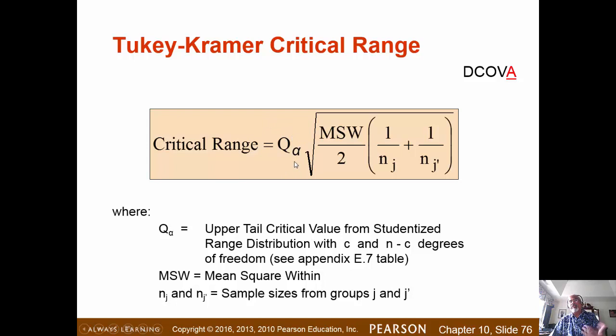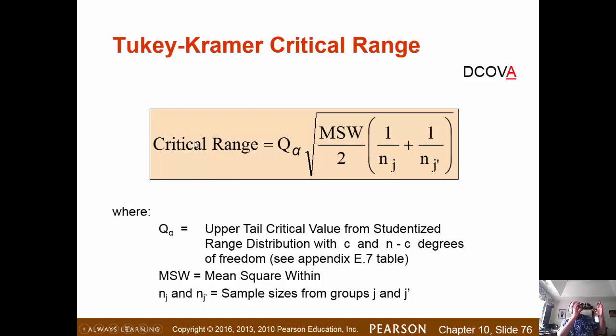We have to use the table given in the back of the textbook for this. And then the mean square within, or the MSE, mean square error, in the analysis of variance table, is your denominator variance. So MSW over 2 times the sample sizes here are for the particular pair we are testing. Now that will give you the critical range.